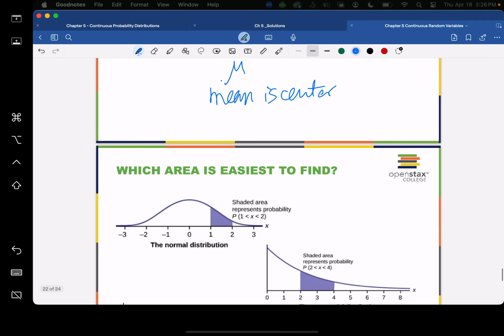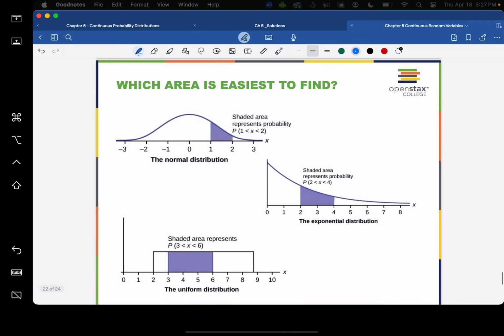So out of all 3 of these distributions, which one would be the easiest to find the area? Of those 3 shaded purple areas, which one can we actually find? See how these are weird shapes, but this is a rectangle? The area of a rectangle is length times width. So this would be, how long is that?